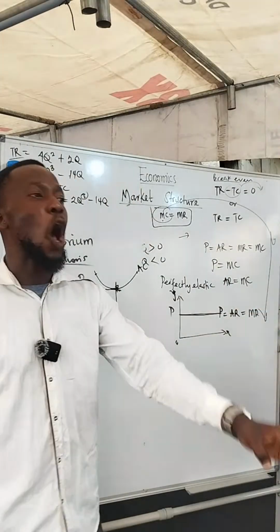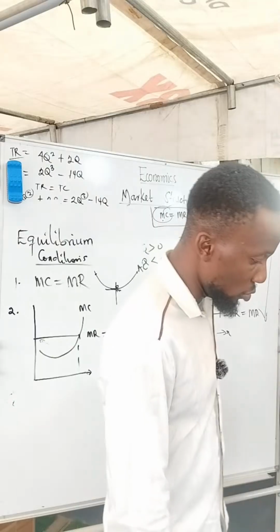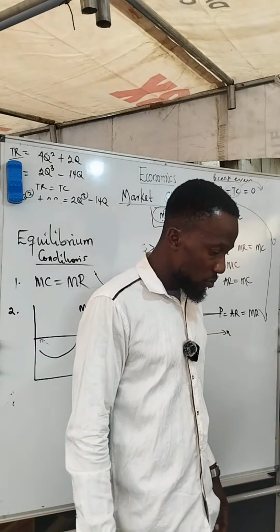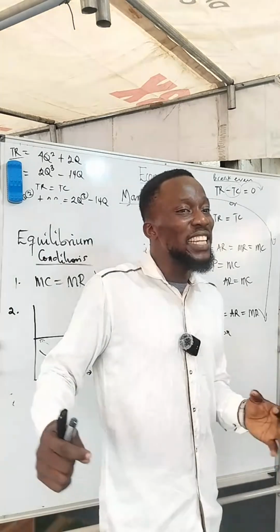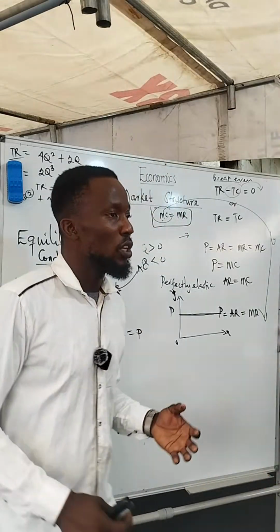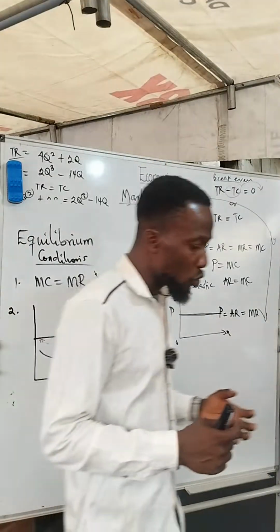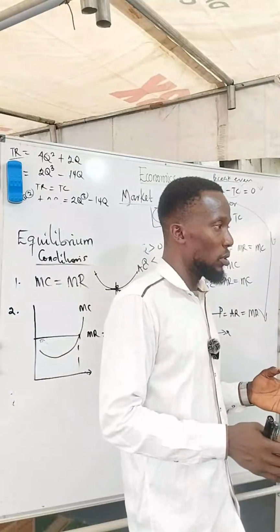So in the long run, all costs vary with the level of output. It is still in this long run that firms can adjust the scale of production.